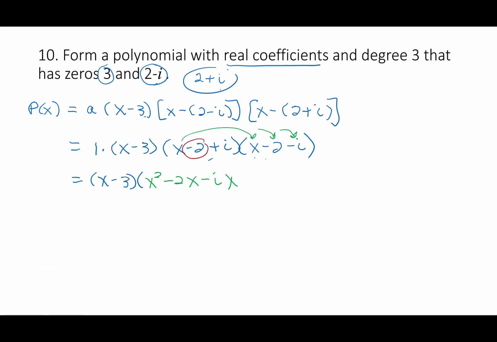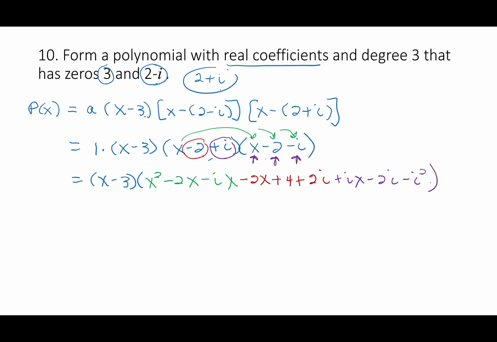I take -2 times x, which would give me minus 2x. -2 times -2 will give me plus 4. -2 times -i will give me plus 2i. And then we'll move on to that plus i there. I multiply i times x, which will give me plus ix. i times -2 would give me minus 2i. i times -i would give me minus i squared.